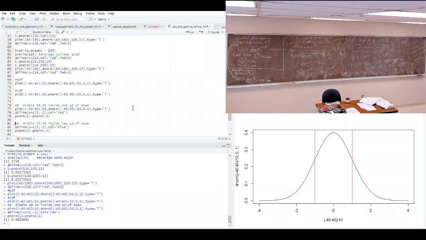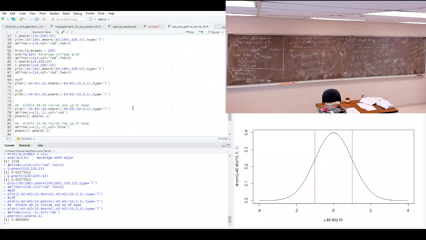So about 68% of the probability is within one standard deviation. It's telling us approximately 68% of the population would be in this range of 85 to 115 in terms of an IQ.